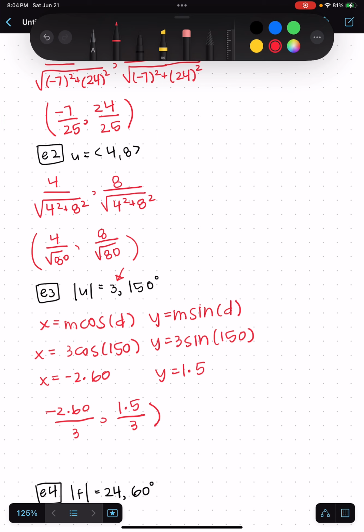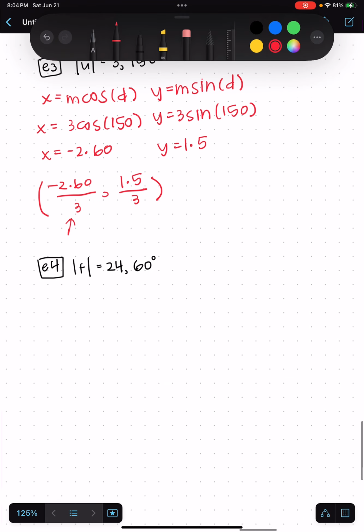This 1.5 over 3 can simplify to 1 over 2. If you see that, go ahead and simplify it. If you don't see it and forget to simplify, I'm not going to take any points off of it. I could simplify the first one too, to like negative 13 over 15 if I really wanted to, but you can just leave it like this.